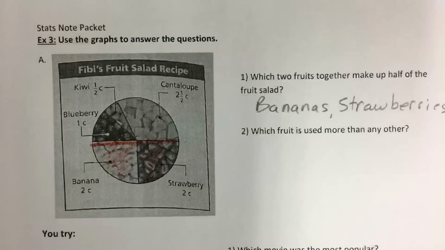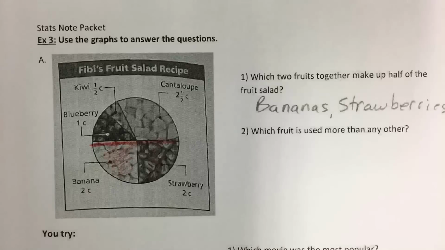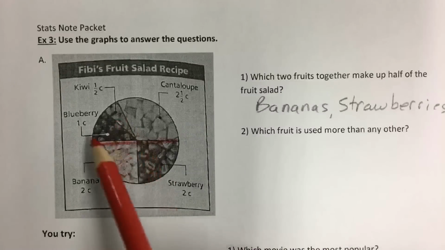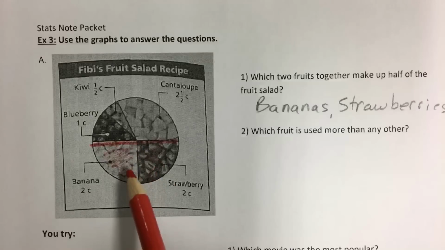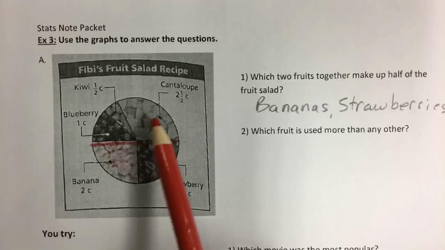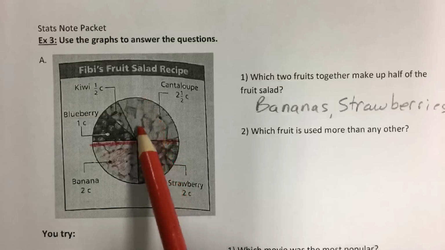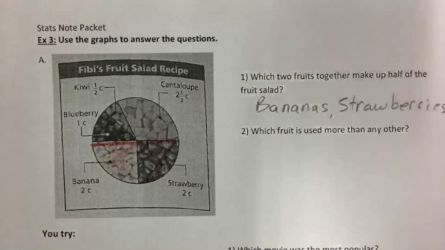All right, the next question is, which fruit is used more than any other? If we look at all of our ingredients together, we have little slices. These are half and half, half of a half if it's a quarter and a quarter. But if you look at this one right here, this takes up more than a quarter, which would be more than each one of these.